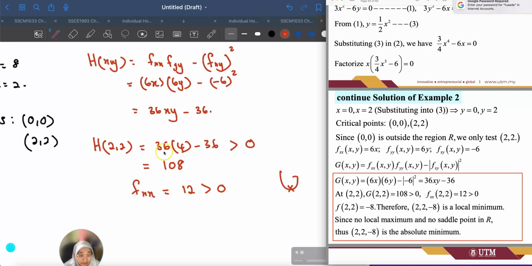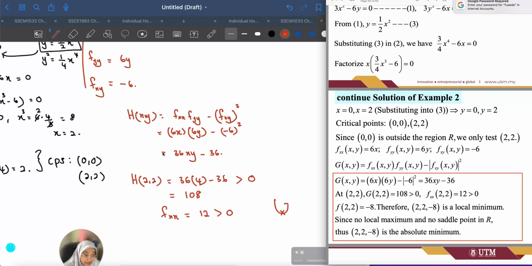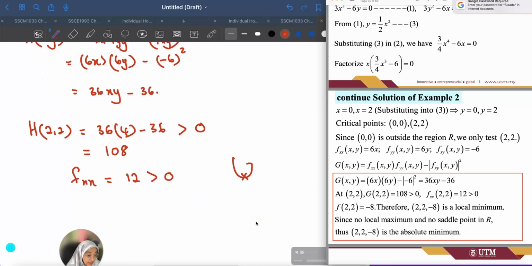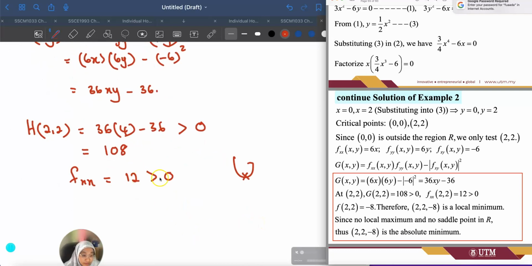You obtain that fxx is here, and you replace x equals 2, so you get 12, so it is positive. Remember the procedure to determine whether it is max or min. This is positive, so you are smiling, and you have the minimum here.